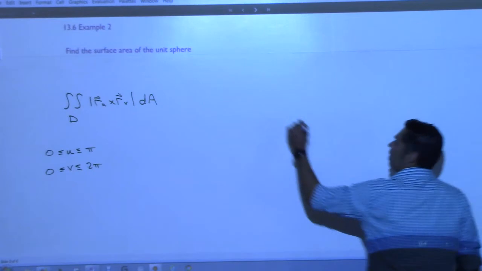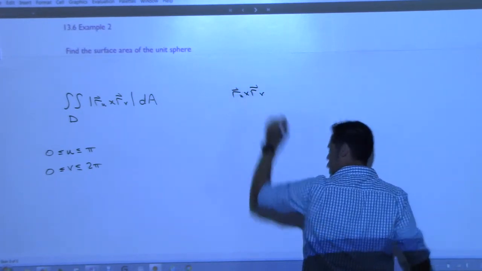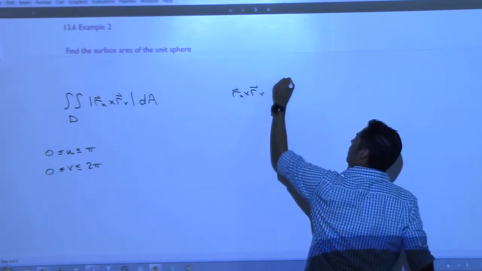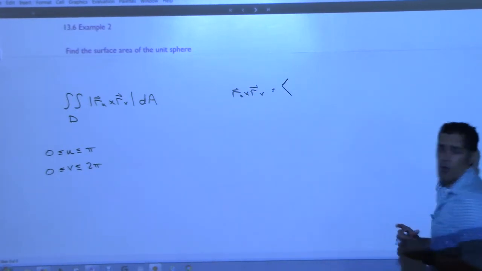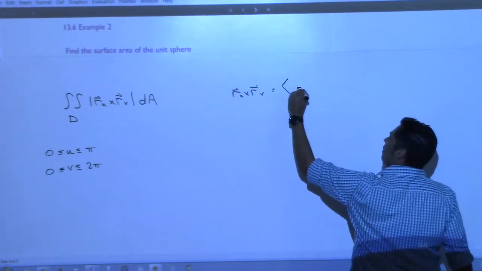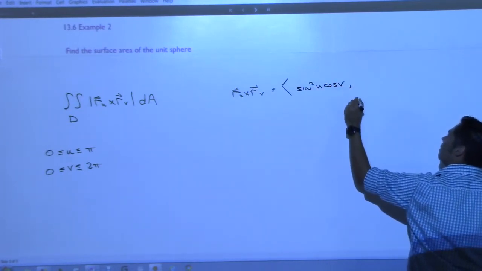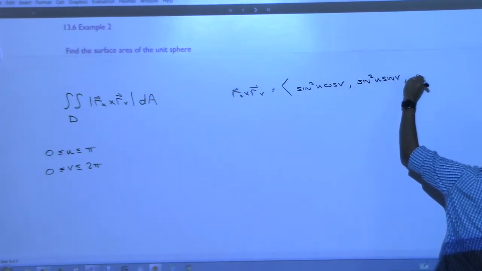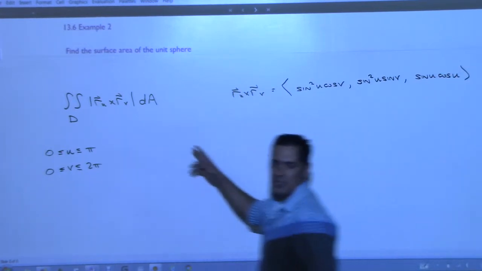So if someone doesn't mind reading out to me what this vector was, since I erased it. What was it? Yeah, that was the normal, because to get the normal vector, we did that cross product, didn't we? So it was sine squared u cosine v, and then sine squared u sine v, sine u cosine u. Okay, so that was the normal vector, which is really just these two crossed.